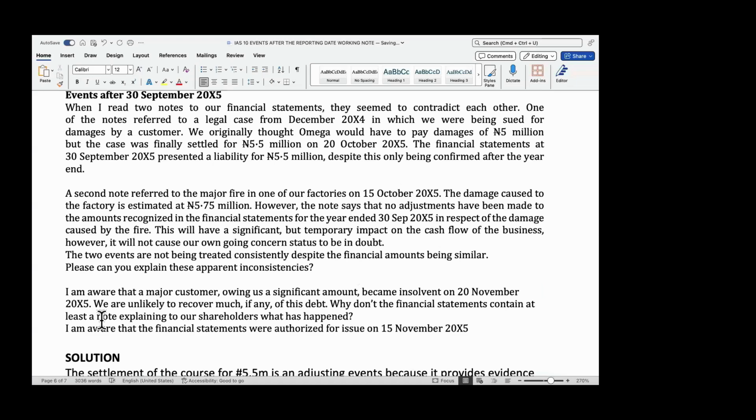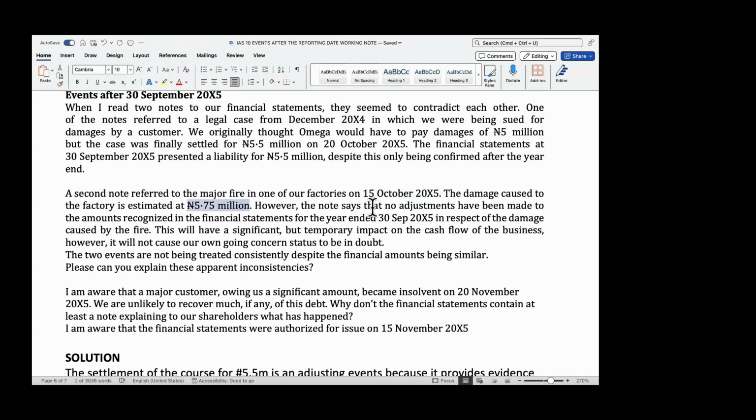The second one, he said he saw a note relating to a major fire in one of their factories after the end, which is 15th of October, and they had a loss of 5.7 million.